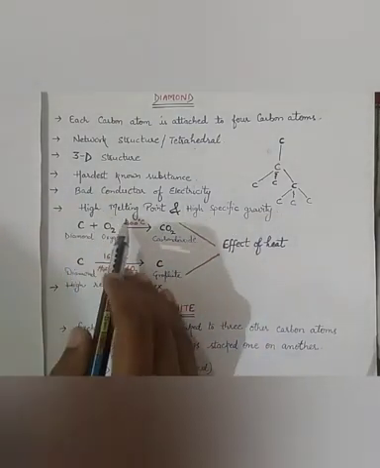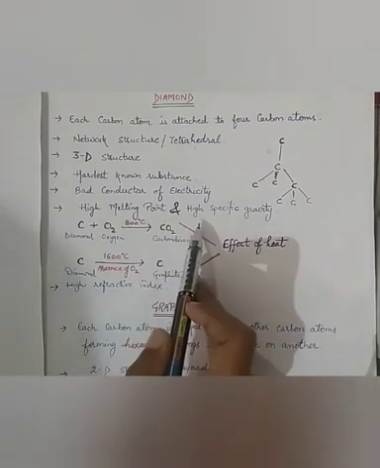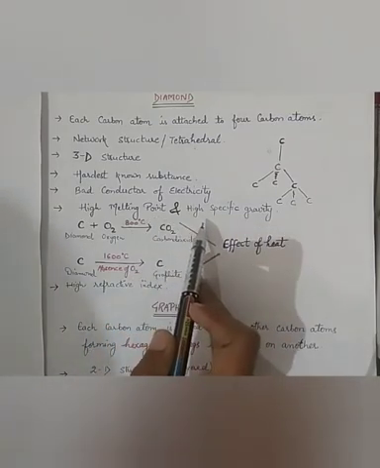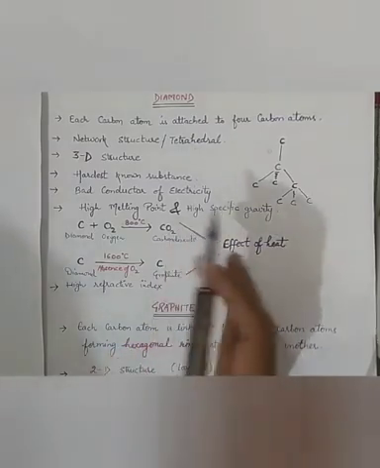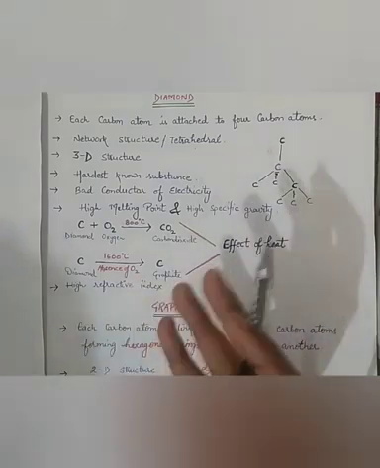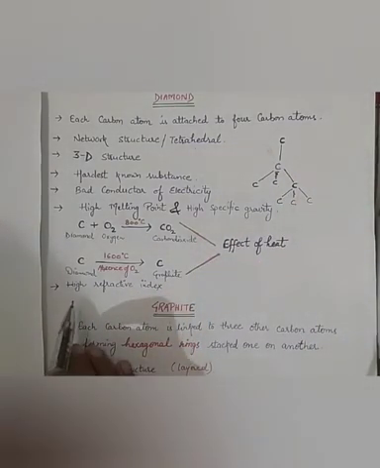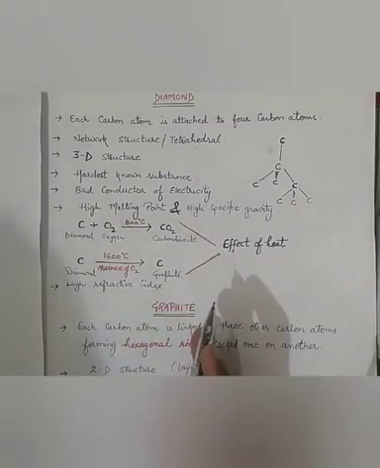They also have a high specific gravity due to their close compact tetrahedral packing. Due to high density, they have high specific gravity. And about the high refractive index, I have already explained.